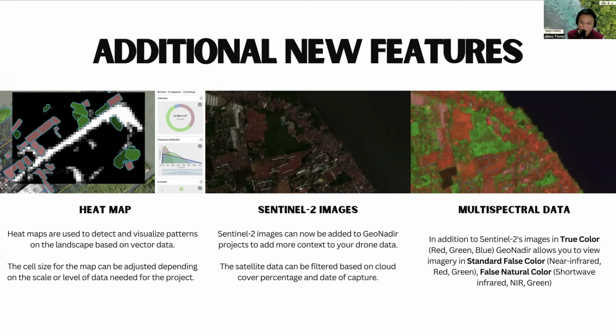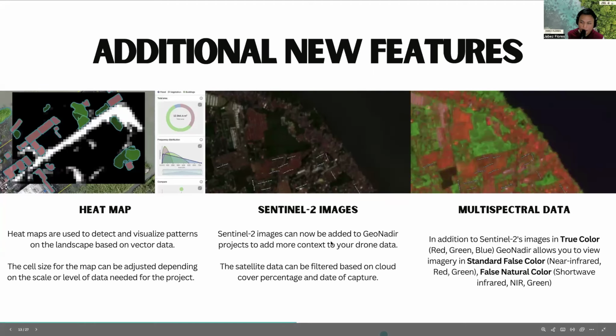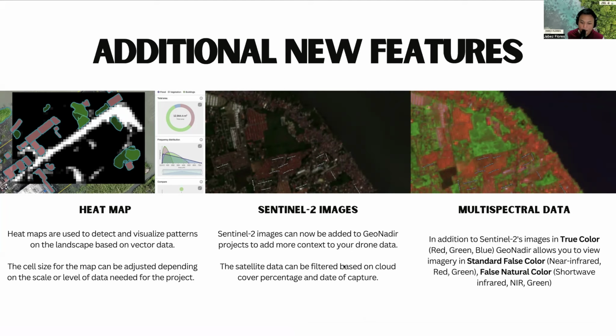Okay, now GeoNadir used to be a platform only for drone images, but now we can integrate satellite data to add more context to our monitoring and analysis. Since Sentinel-2 is free, we can add new images at least every 5 days. This is particularly helpful when we are monitoring large areas such as watersheds, protected areas, and conservation areas.